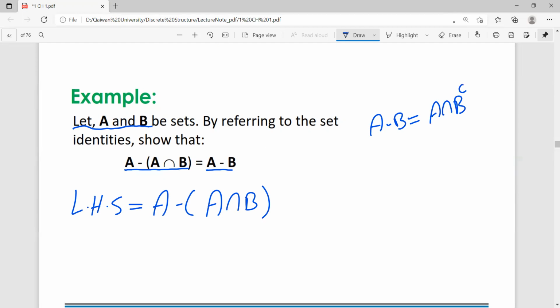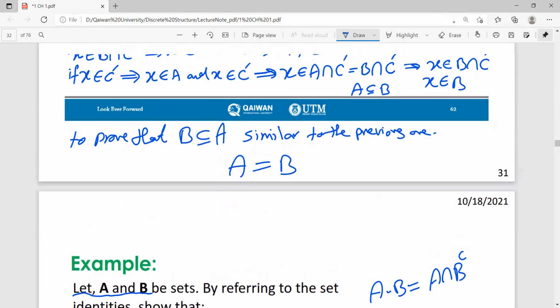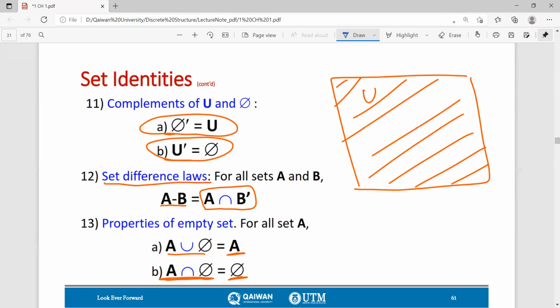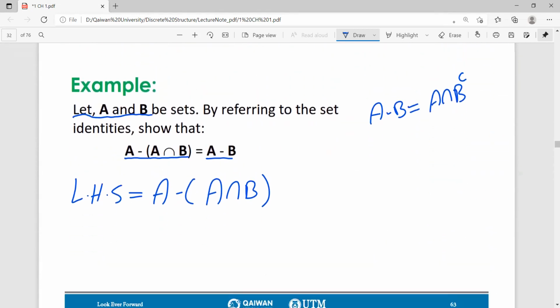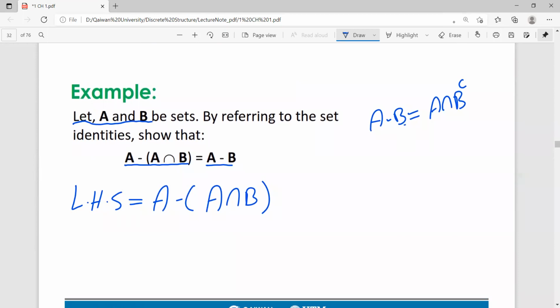Look, here you have this property. That's it. A minus B equals A intersection B complement. We just take the complement for the second set and we change the difference to intersection. This is a rule.